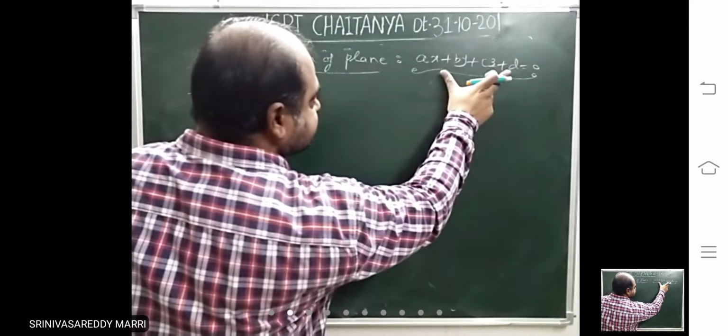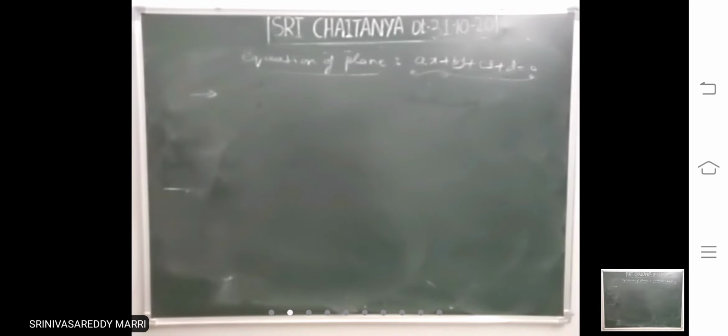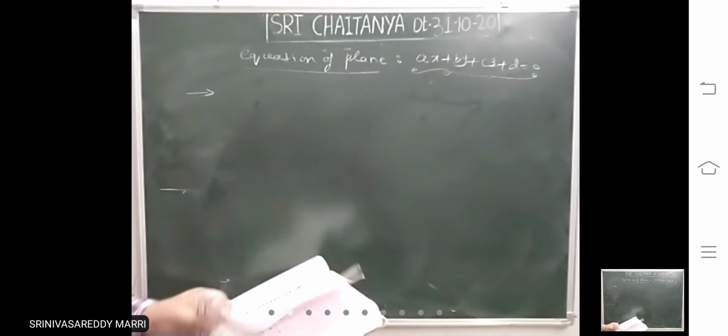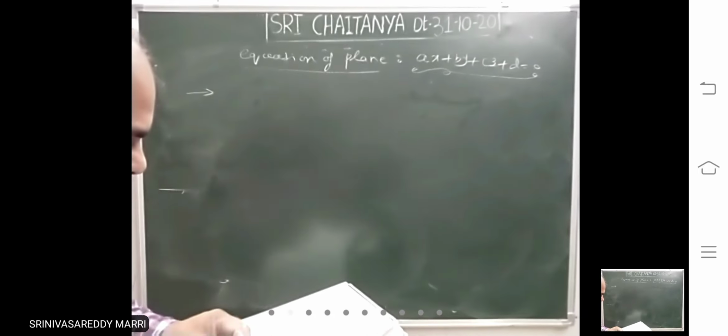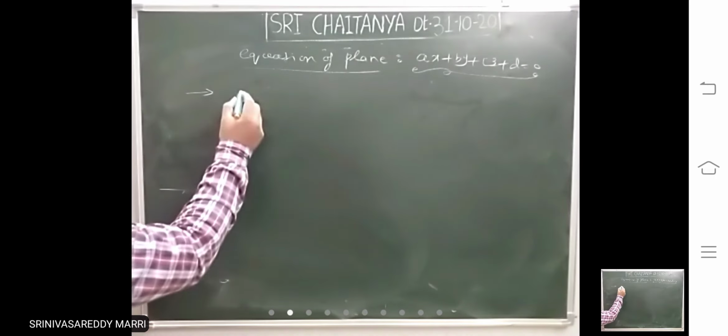If this equation is given, it is called a plane. Look at one formula, two problems only. I will tell just two problems, and remember this formula. Whatever I am telling, you will definitely get. Look at just a simple formula.